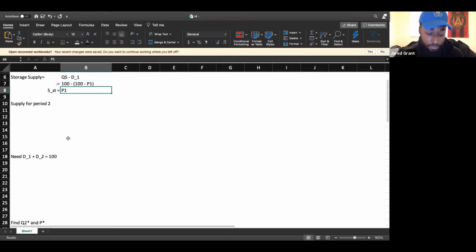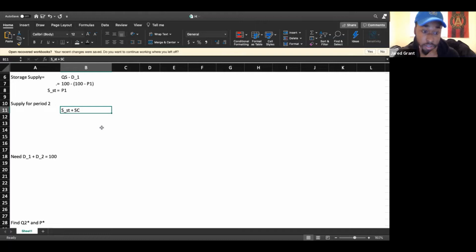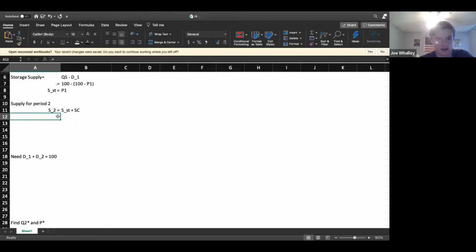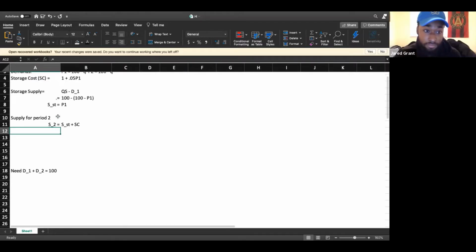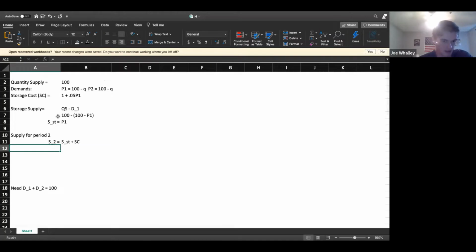All right. So now let's go to supply for period two. The formula for that one is given as this. So anyone want to try to help me walk through the steps of how I calculate that? Well, you've already got part of it because S storage is P1. And then storage cost is A plus C P1, which I guess you have to figure out what those numbers are.